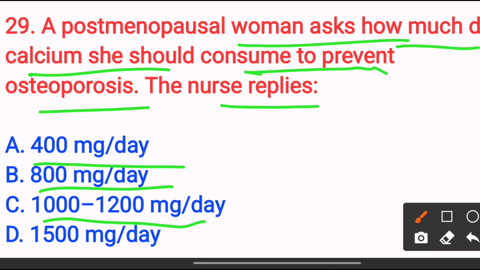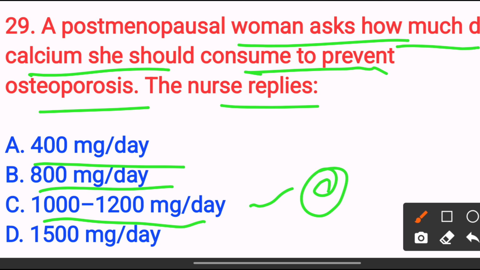Option C, 1000 to 1200 mg per day. Option D, 1500 mg per day. The answer is option C, 1000 to 1200 mg per day, as postmenopausal women require this daily calcium along with adequate vitamin D for bone health.